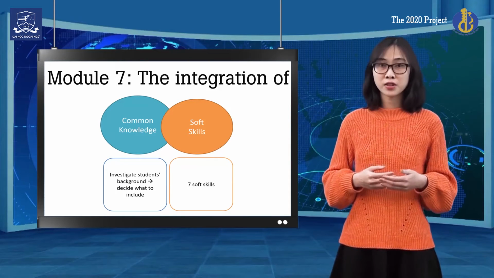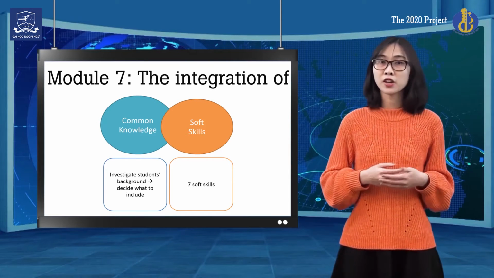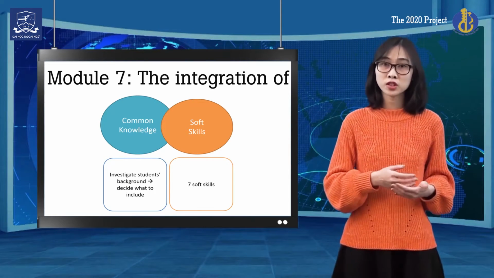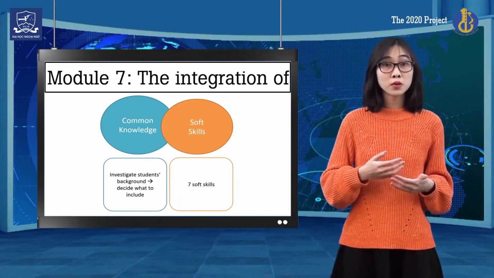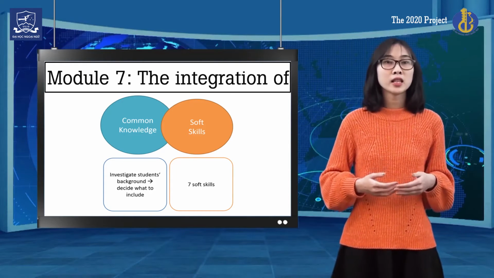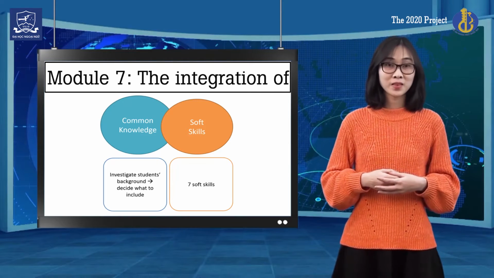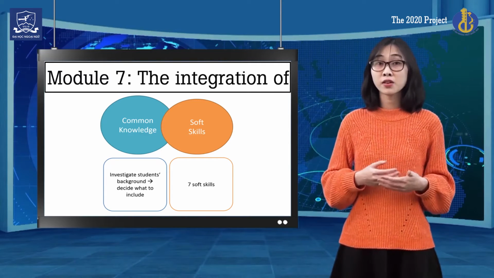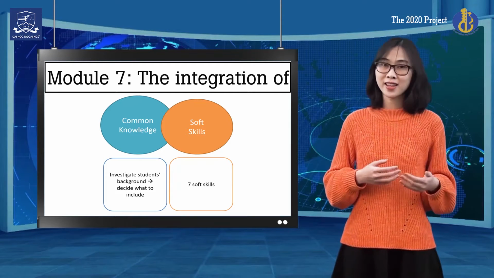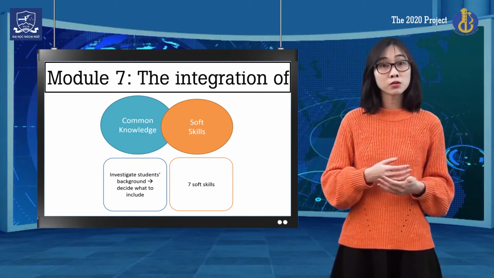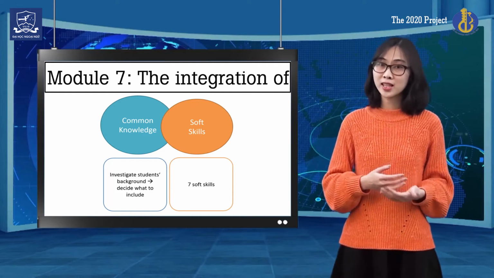Module 7 centered on the integration of common knowledge and soft skills in a lesson. It has brought about some useful tips to complete the aforementioned objectives. First, regarding the integration of common knowledge, it is emphasized that teachers should find the culturally relevant knowledge to teach.